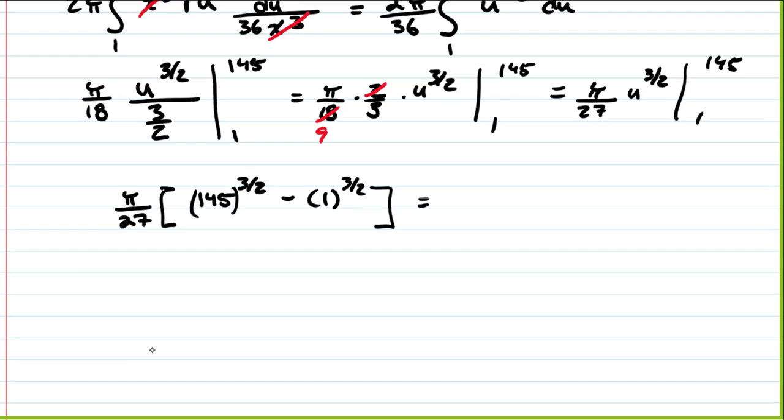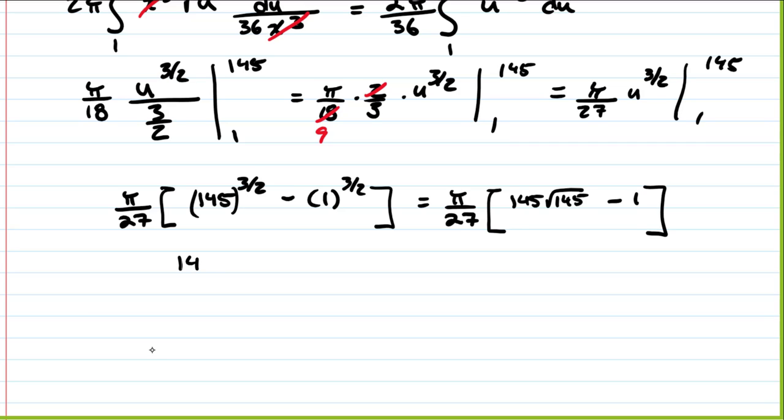So then that gives us pi over 27, and the 3 halves is going to be the square root of 145 cubed, or 145 times the square root of 145 minus 1 raised to any power is 1.